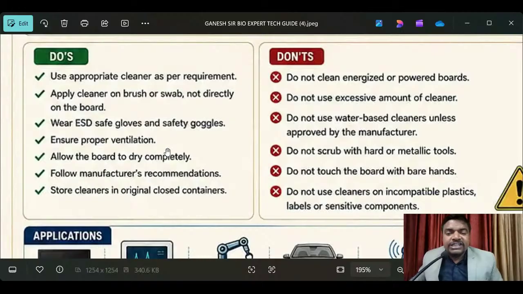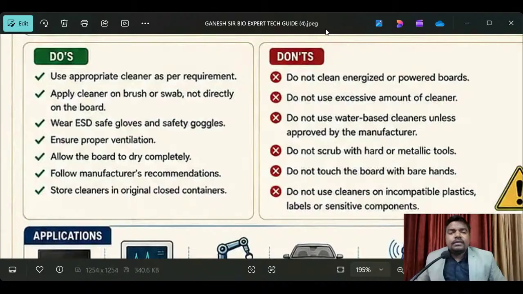Ensure proper ventilation and allow the board to dry completely. Follow manufacturer's recommendations and store cleaners in originally closed containers. These are the important things to follow. Understand? First of all, see this picture, and take a picture also if you need it.